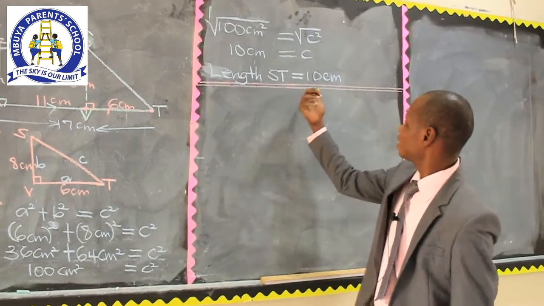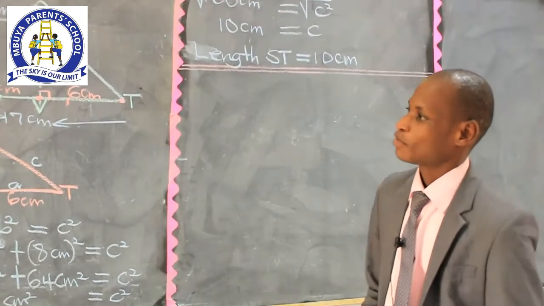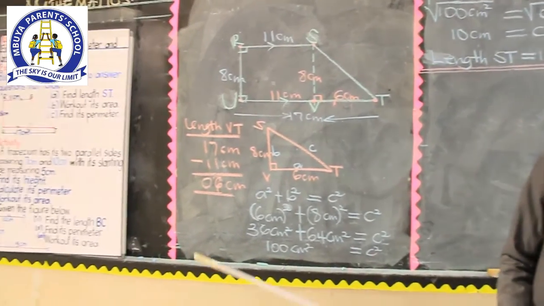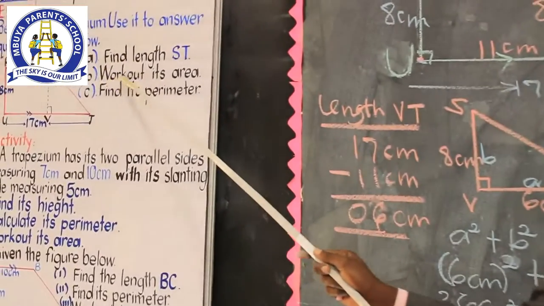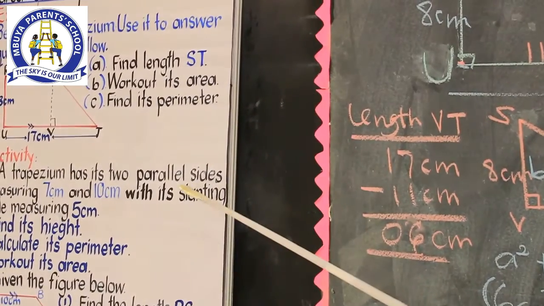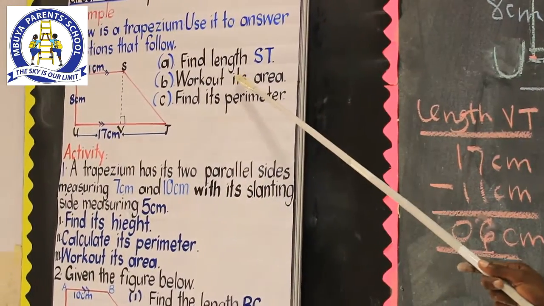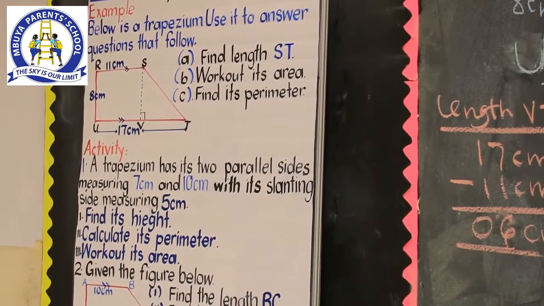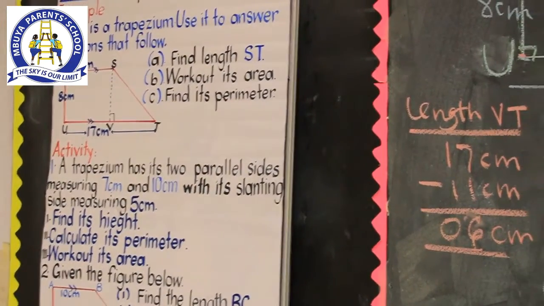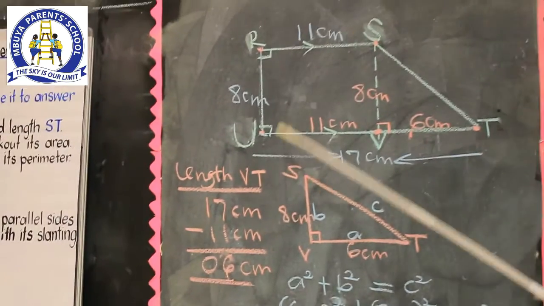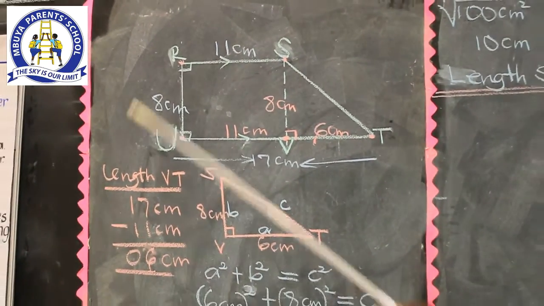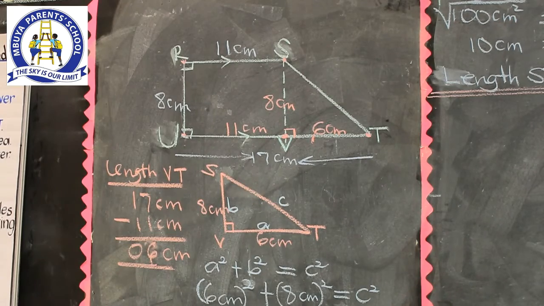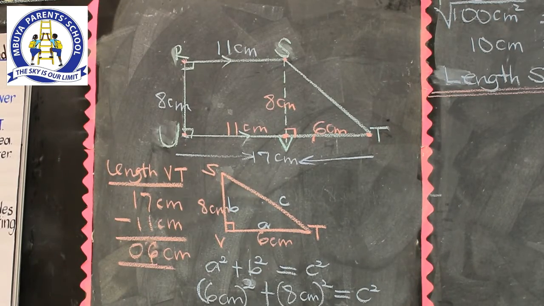So after underlining our answer for part A, we can now answer part B of the question, which says, work out its area. When we talk of it now, we mean the trapezium RSTU, where we shall have the formula.